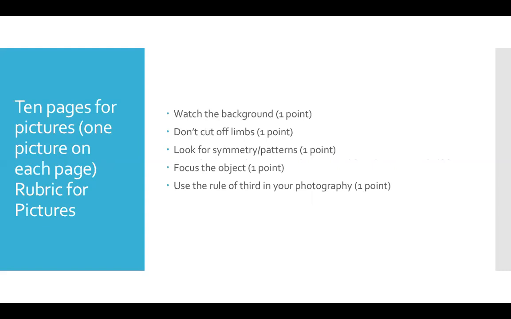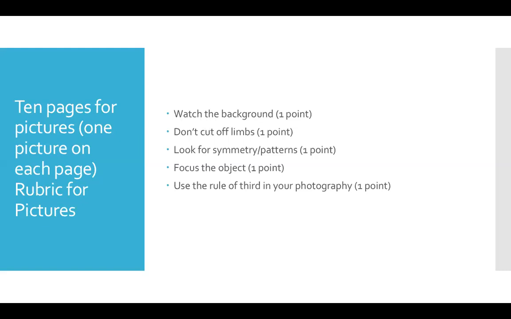For example, you can see dawn.com or thenews international.com or several online copies of newspapers. So to repeat, the rest of the 10 pages will carry your pictures, one picture on each page accompanied by a caption. And on this screen you see the rubric for pictures.